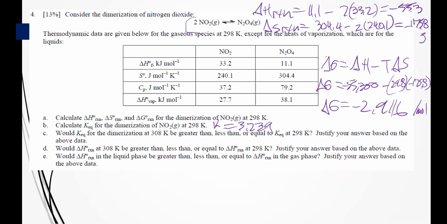Now C and D are a lot more like Chem 120 stuff than Chem 121, so I'm not going to spend too much time talking about them. But it's this idea that if we did it at 308 Kelvin versus 298, what change do we think has happened?